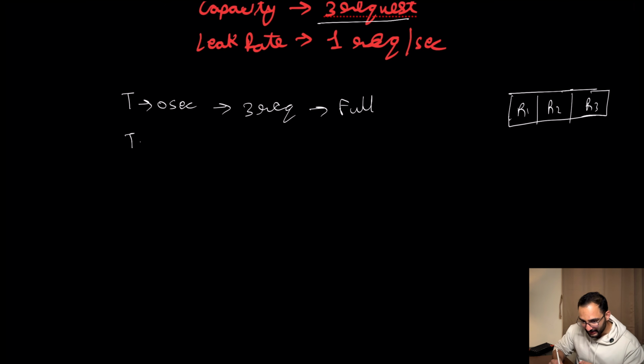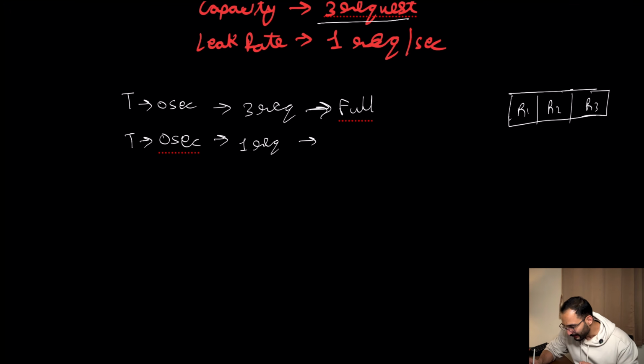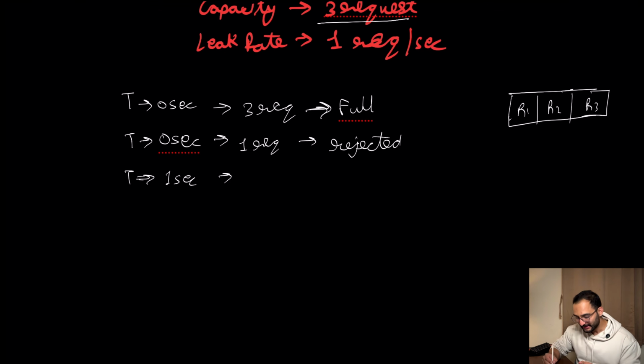Now at t equal to 0 seconds, one more request came. Do we have capacity to accept any more requests? No. So this is declined or rejected. Now at t equal to 1 second, we got one more request.